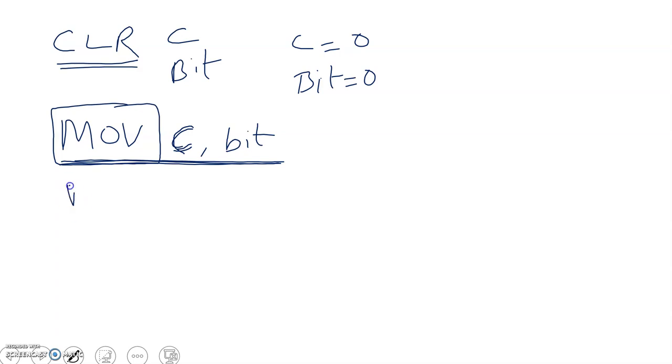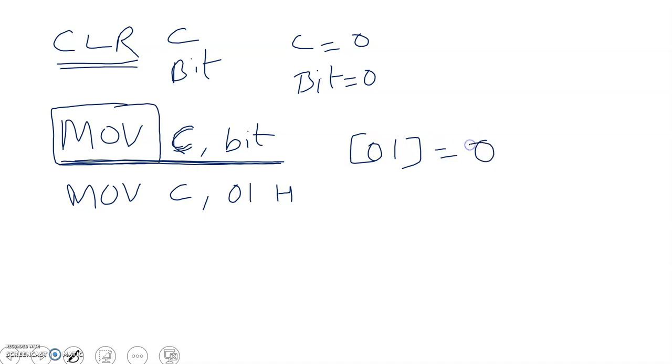Let us take one example. If I write MOV C, 01H, say 01H had a value of 0, and after this instruction the carry flag will be equal to 0.